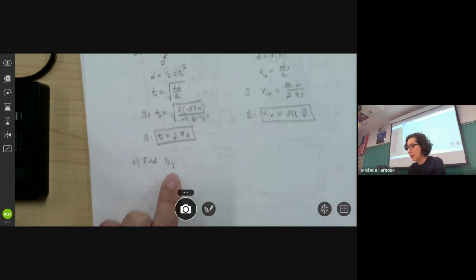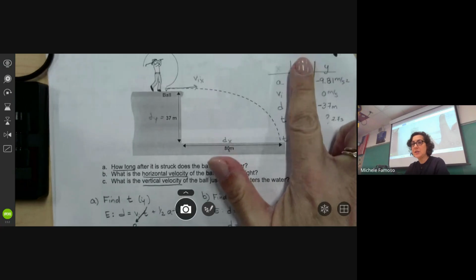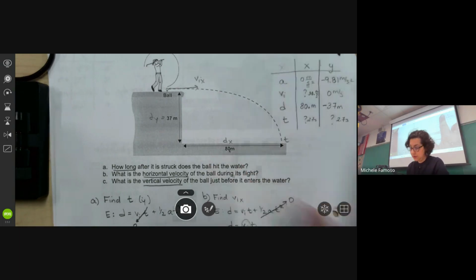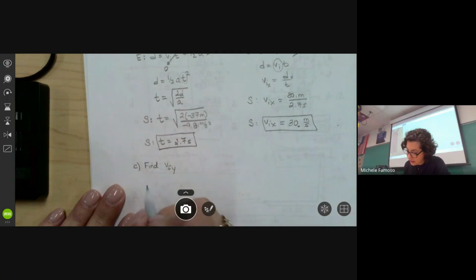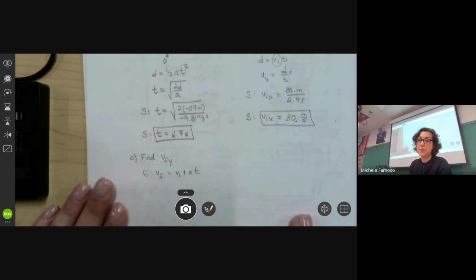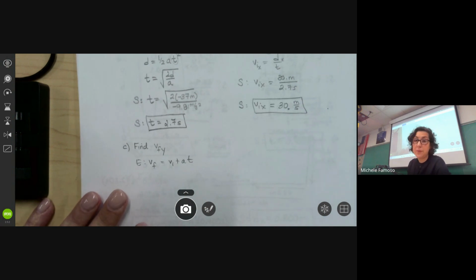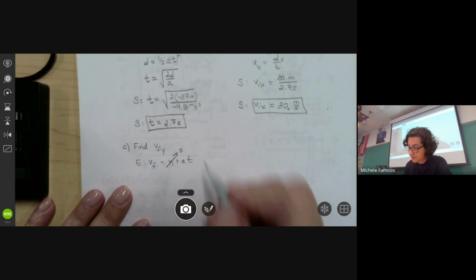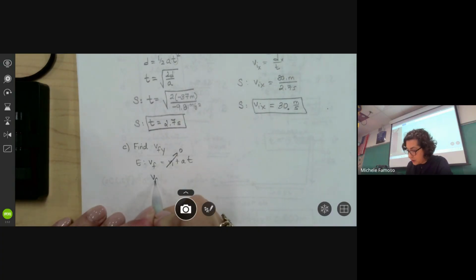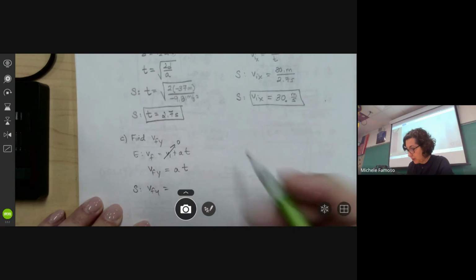Since I'm looking for something in the Y direction, we ignore the X column of values. Cindy, any idea what equation we could use to get a VF? That is correct. Now, since we are working in the Y direction, something here, Miriam, is going to cancel out. What's going to cancel out? That's right, because the VI in the Y direction is 0. So we're just looking at VF in the Y is A times T. We can now plug in the vertical acceleration given to us.